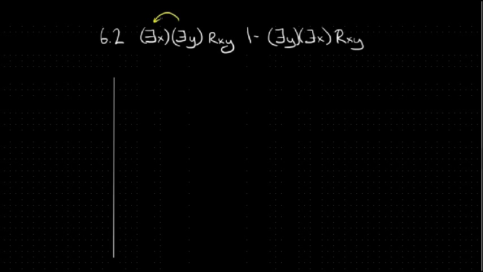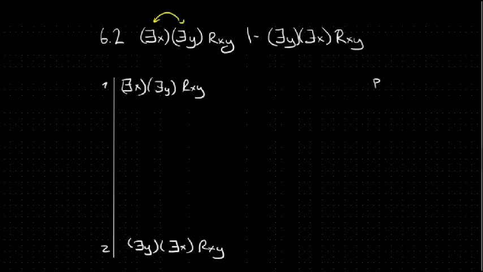We start off with our premise, ExEy rxy, and our conclusion is EyEx rxy. Okay, so how might we get down to this?